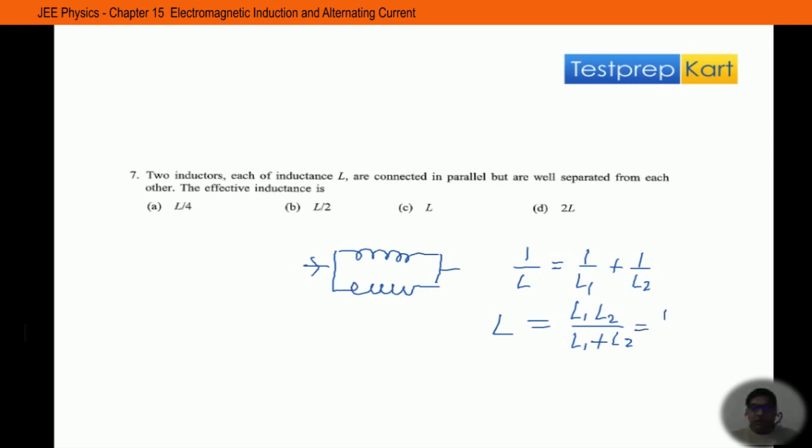So from here we'll get L over 2. So net inductance is L over 2 for question number 7.